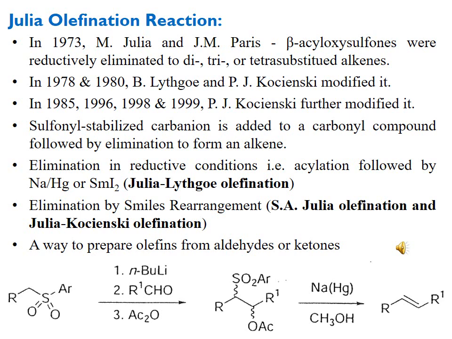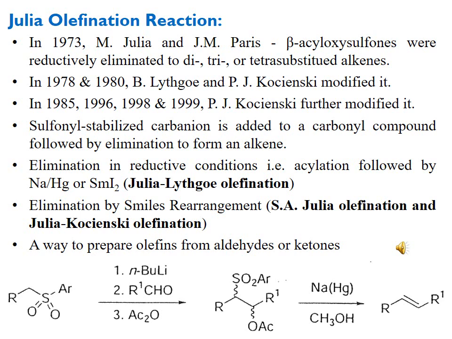First, the acylation followed by sodium amalgam or samarium iodide reaction; the Julia-Lythgoe olefination is termed in this modification, but the elimination by Smiles rearrangement is termed the Julia-Kocienski reaction. Both of these modifications are prominent in this reaction.